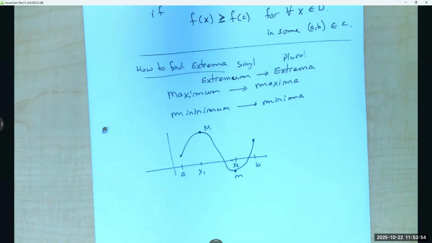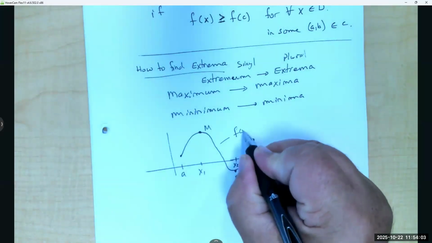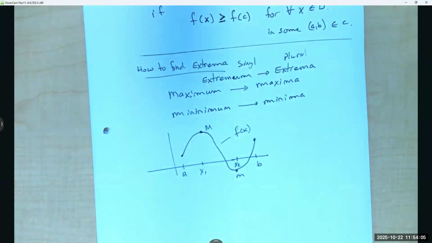Here's f of x. It's a continuous function. It has a maximum and a minimum. So remember, this is the function f of x. How do we find the maxima and minima points?